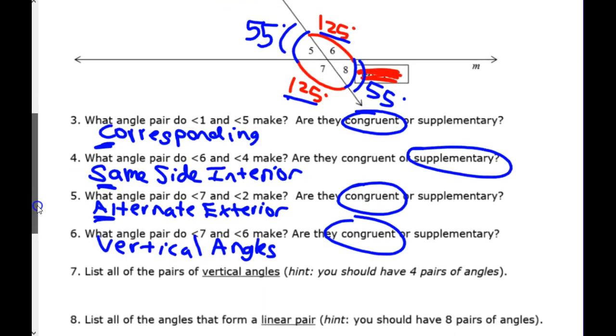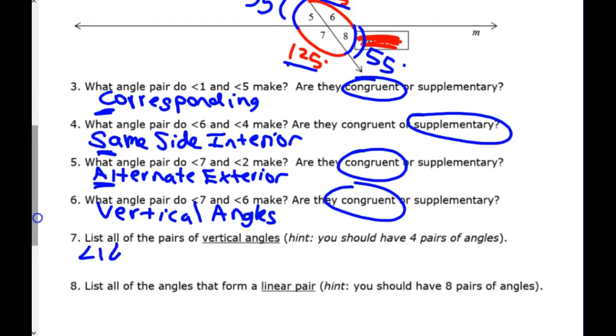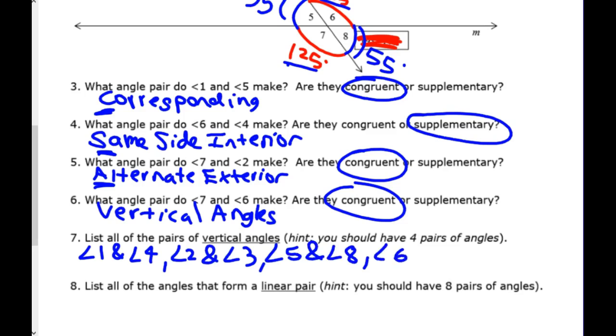Okay? 1 and 4. 2 and 3. 5 and 8. 6 and 7. Those are the 4 vertical angle pairs that we have on that figure.